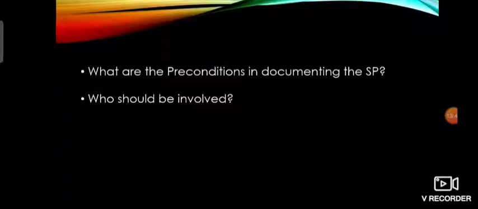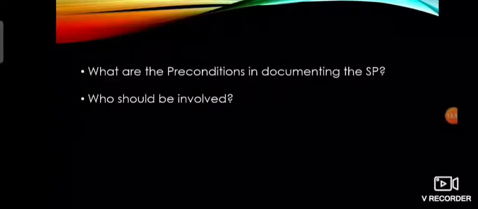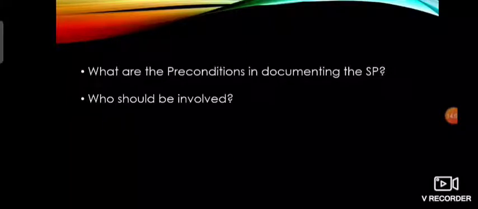Okay, as with all previous stages, the SPT, or the strategic planning team, is responsible for the documentation of the strategic plan. So if the SPT members have the required writing skills, they can document the plan themselves, right?